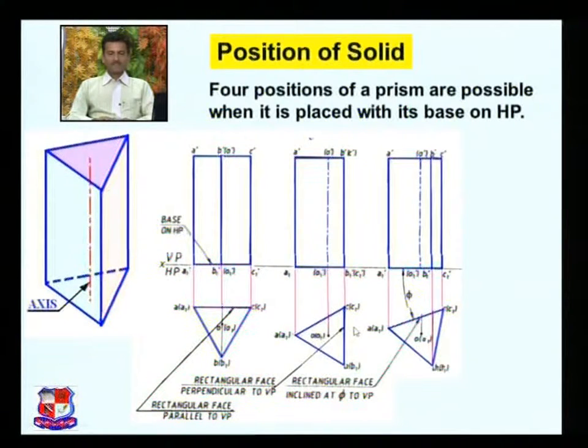On this line put two points at a distance equal to the side length of this triangular prism. After locating these two points A and C on this line, we can complete this triangle by drawing arcs or taking projections, and by taking projections from the top view to the front view we can draw its front view.